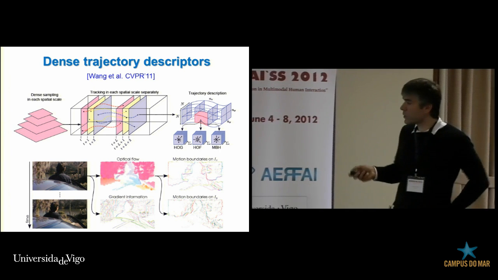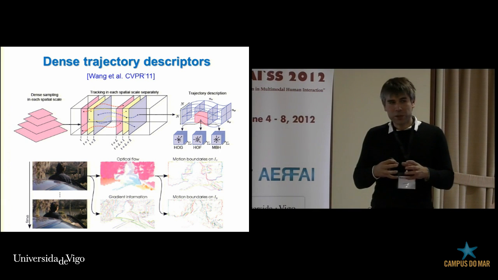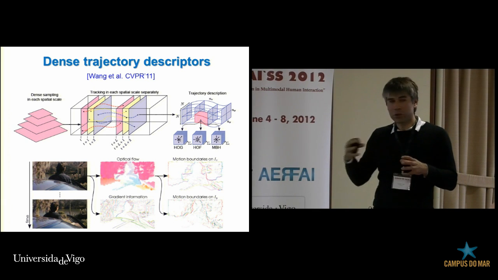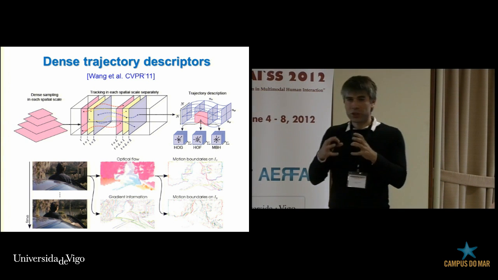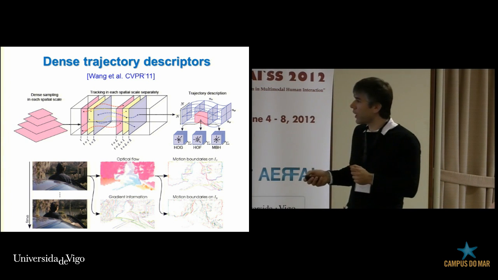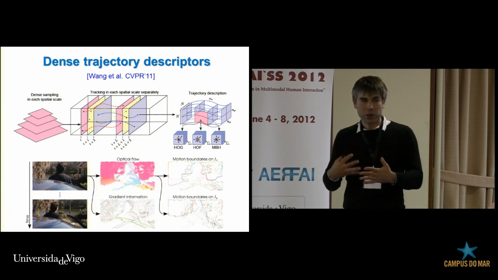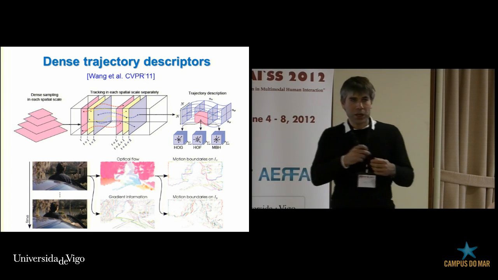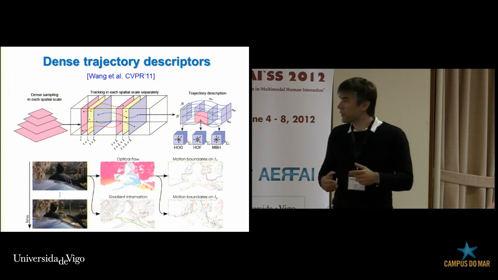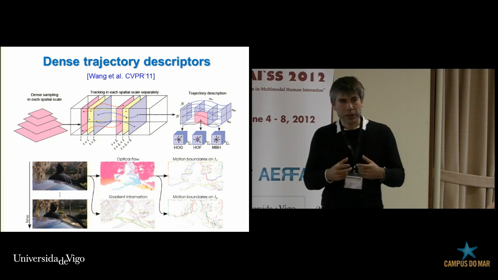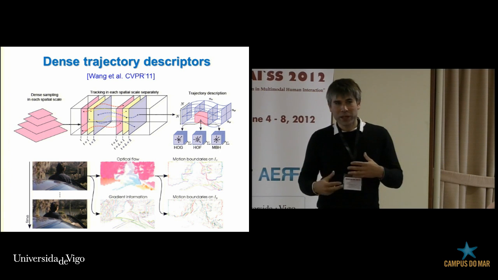It not just looks at the patches, it looks at the descriptors along trajectories. Instead of just looking at the spatial-temporal neighborhood, they are extracting what they call dense trajectories. These are point tracks which are densely sampled in the image. Of course, these low-level tracks behave quite nasty sometimes.